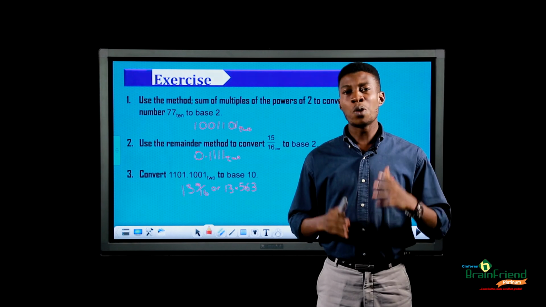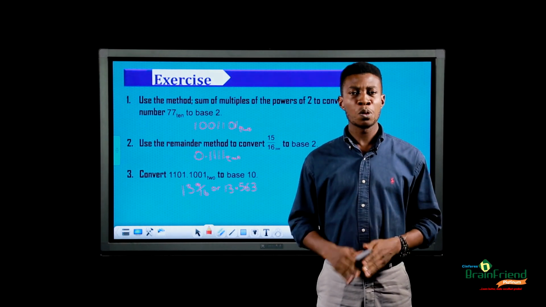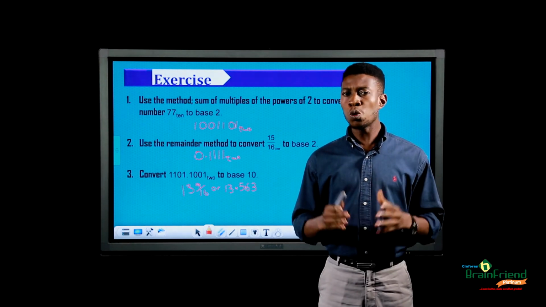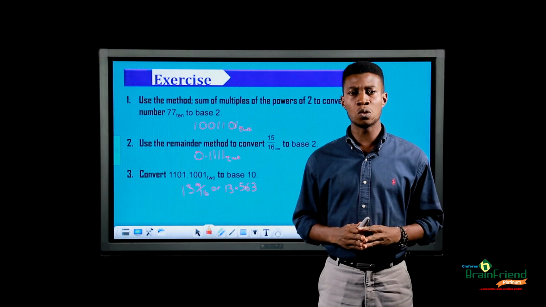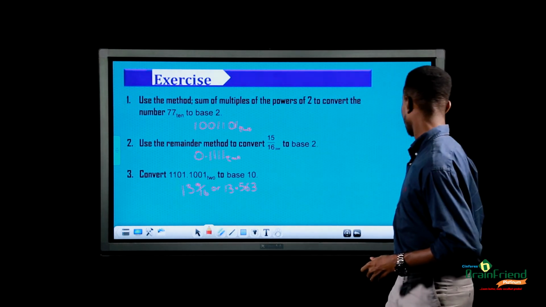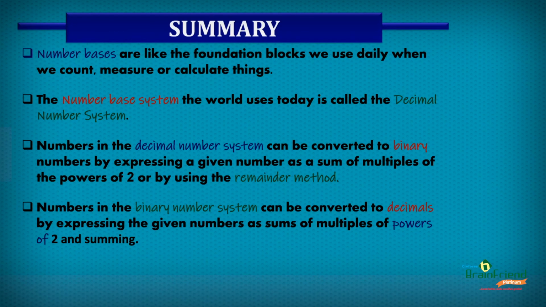With this, we have come to the end of this lesson. But before you go, let's look at a summary of all we've learned today. First, we learned that number bases are like the foundation blocks we use daily when we count, measure, or calculate things. We also learned that the number-based system the world uses today is called the decimal number system.